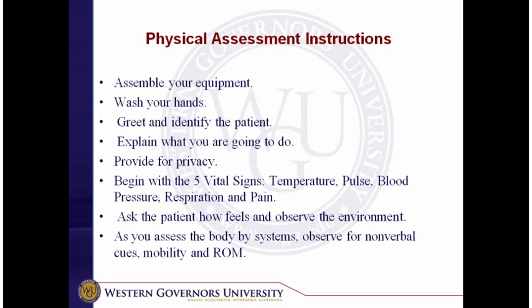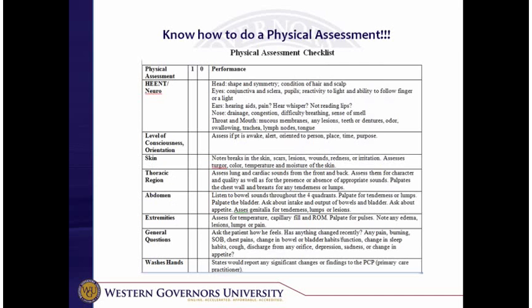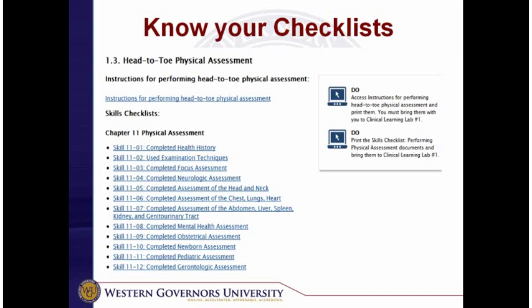For your physical assessment, here's a snapshot of 1.3. These are where your skills checklists are that you're going to be going over and reviewing, getting to know really well for your learning lab.